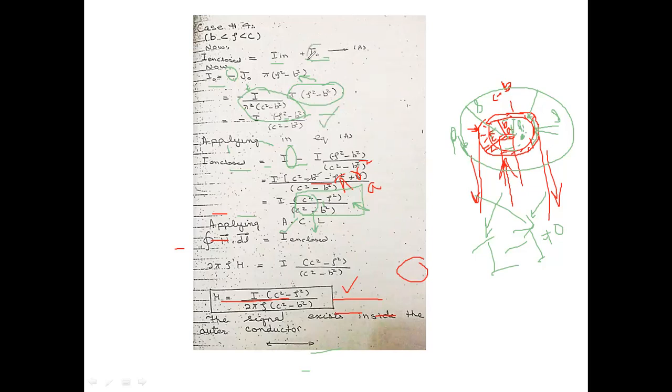Now putting these values over here, you will get I in is, for example, I, and I naught is also this, I times this one. Taking the LCM, we will get this for the I enclosed. Now applying the Ampere circuital law, because we are using the coaxial cable as an application for the Ampere circuital law. So Ampere circuital law is mandatory at the end of each step. H dot dl is equal to I enclosed.